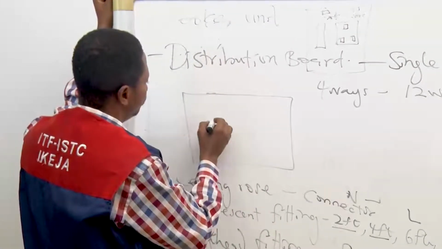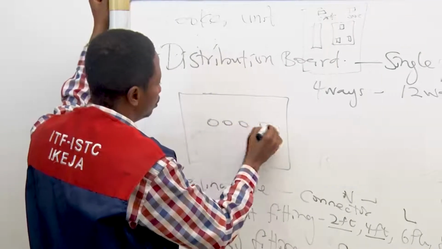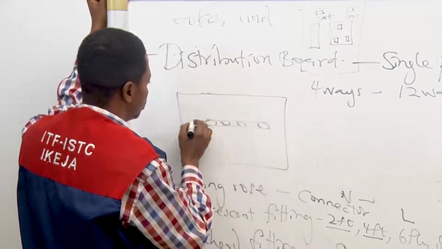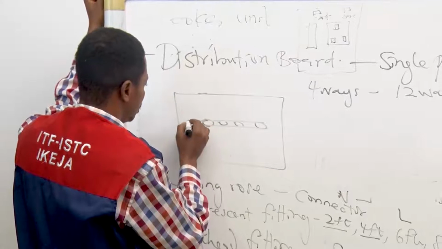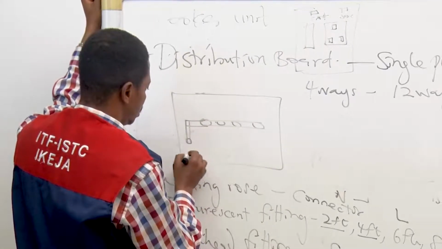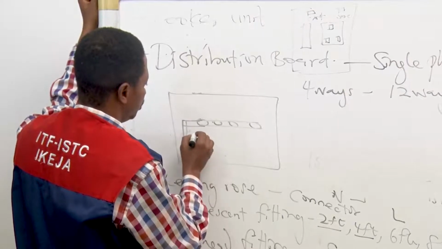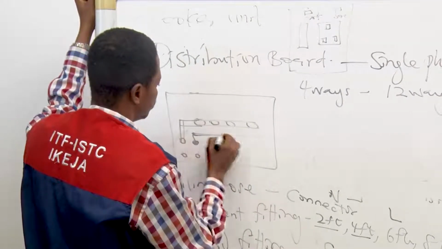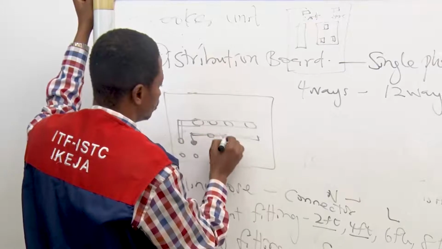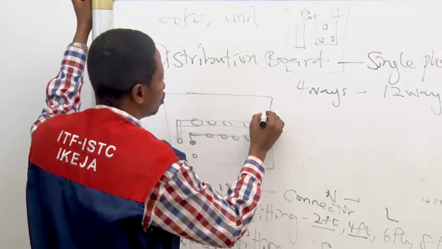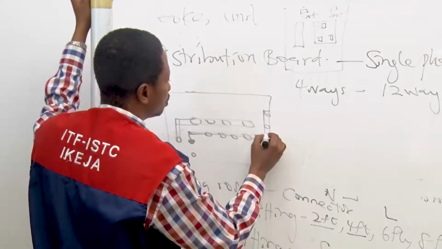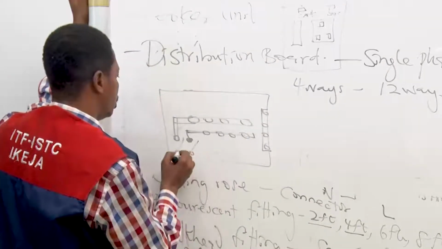We have the fuse, then we also have the neutral, and we also have the earths 1, 2, 3, 4. Now we have the main switch.